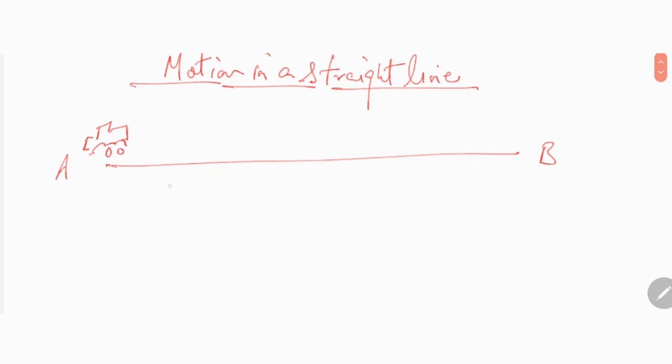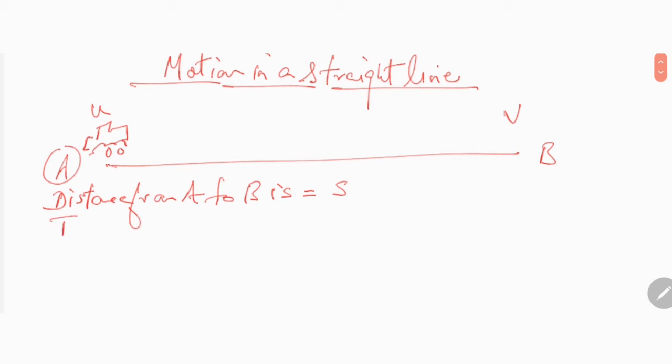Let us assume the distance from A to B is, let us say, S. We'll denote it simply by S. The car starts from A, and let's assume that its initial velocity is u and its final velocity as it reaches here is v.